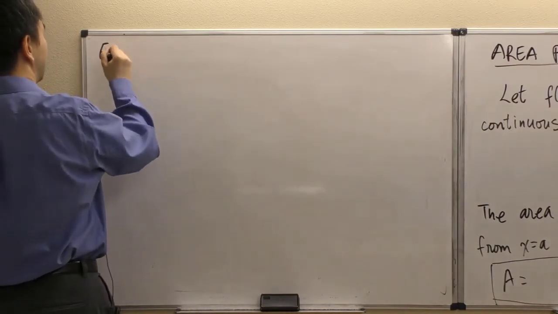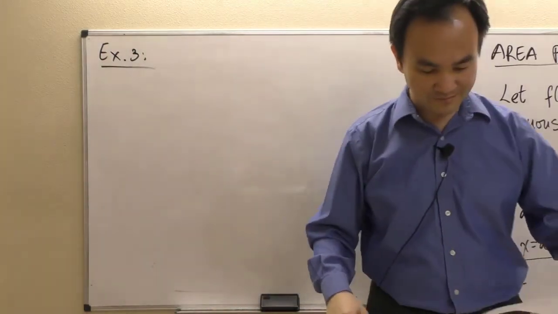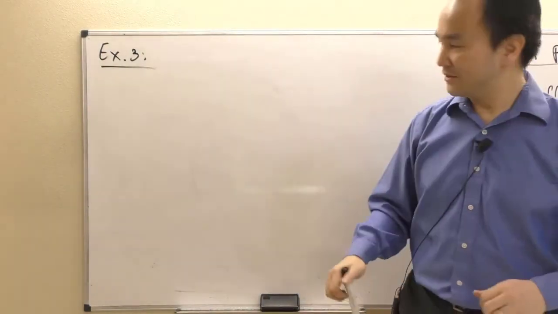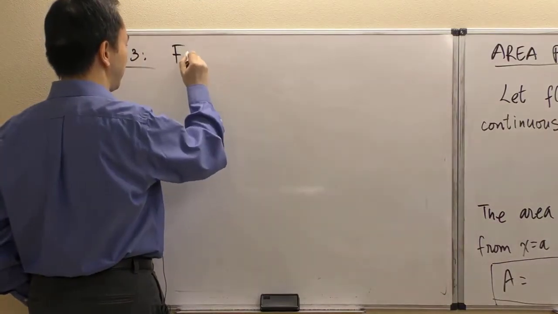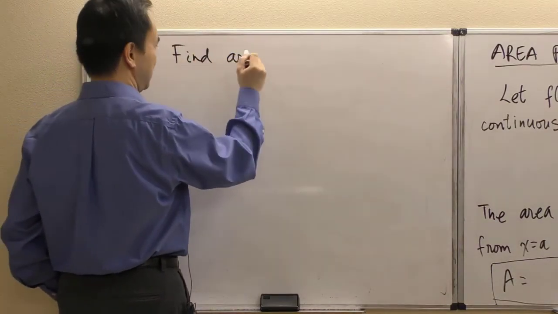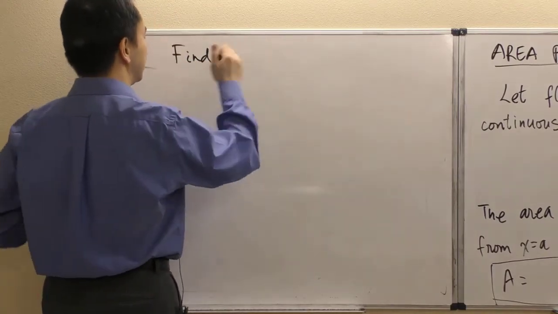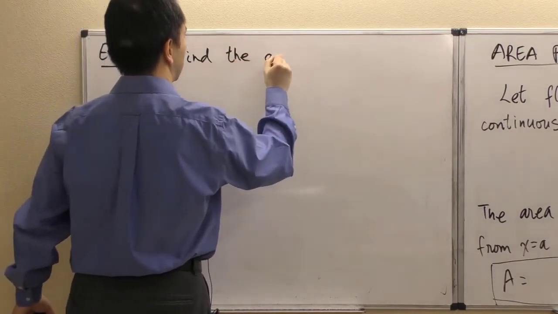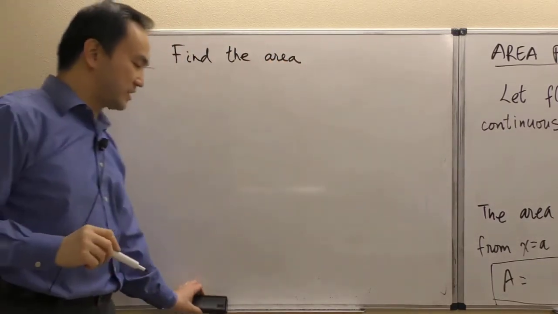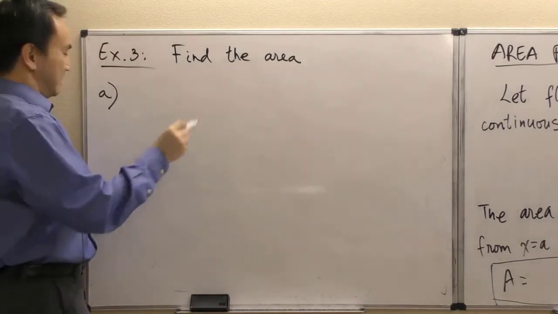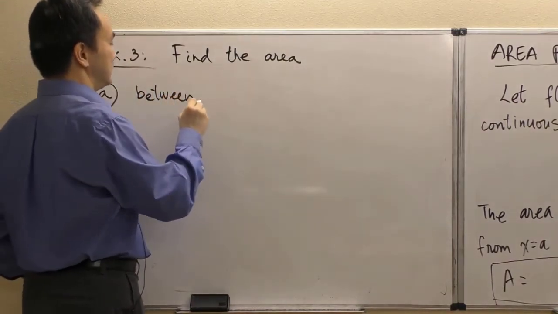All right, so now in my example 3, I'm going to start out simply with one instruction: find the area. And now I mean really find the actual area, not the net area. Okay, find the area. And part A of our example here, let's say the area is between two curves.